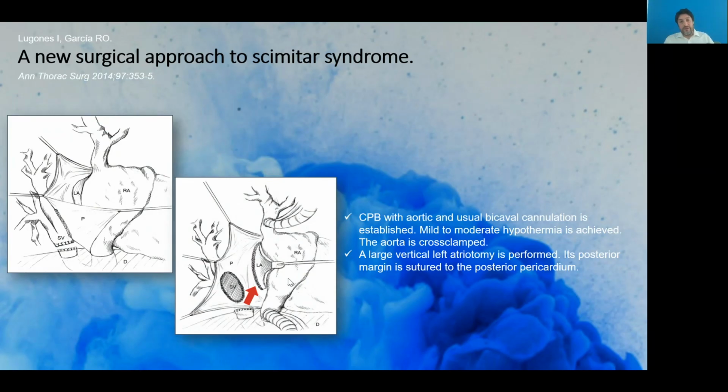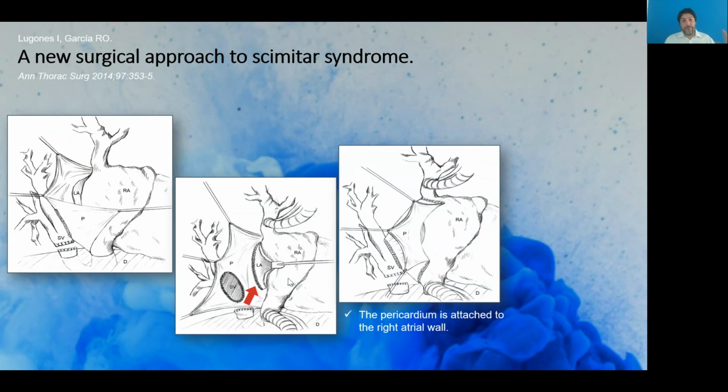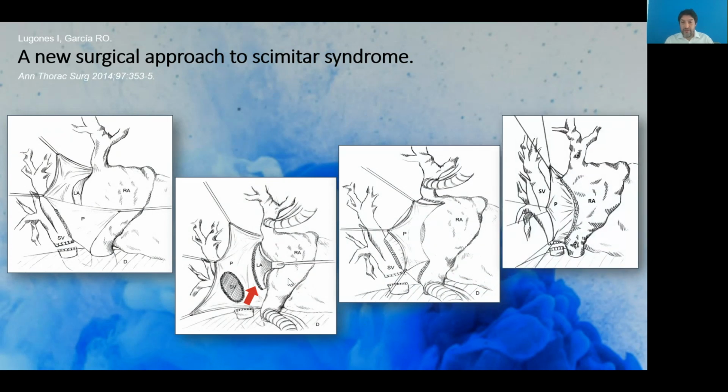Then we fold the pericardium over the right atrial wall, surrounding this large incision that has been made in the left atrium. In that way, we have a kind of controlled bleeding. The scimitar vein lies in its native position, and the distance between the heart and the scimitar vein is reduced by means of this tunnel.